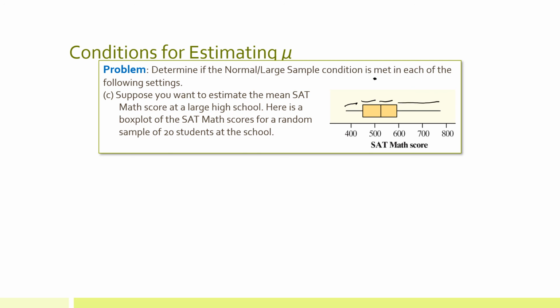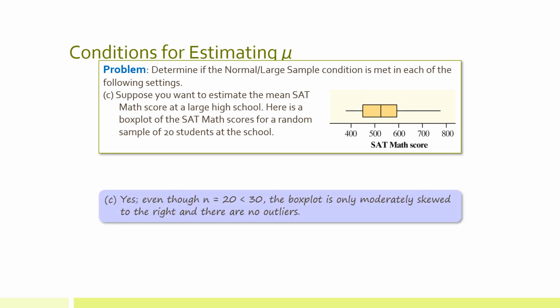So I have my peak somewhere here, and I'm going down like this. There is a skew, but it's not necessarily a strong skew. I would say it's a slight skew to the right as opposed to what we saw on the other slide. So I'm going to say yeah, we can use this. Even though there's a skew, it's just slight, so we're okay.